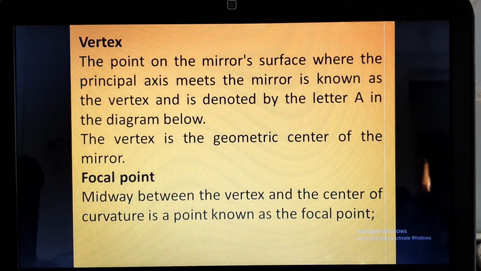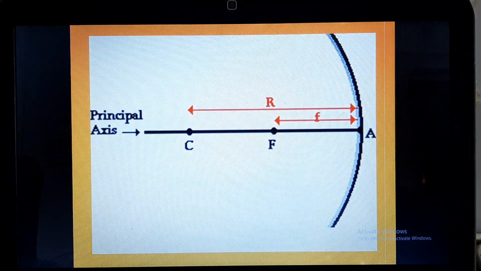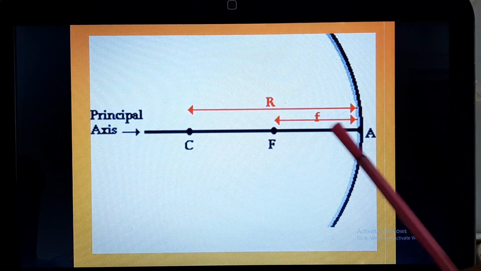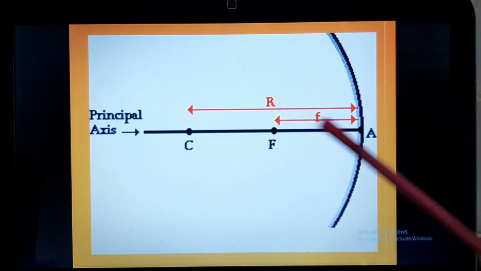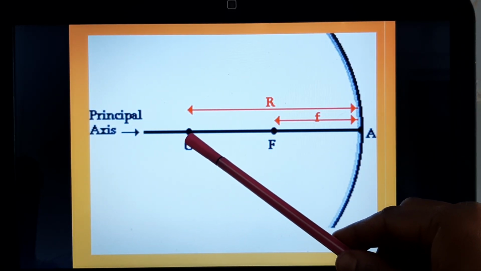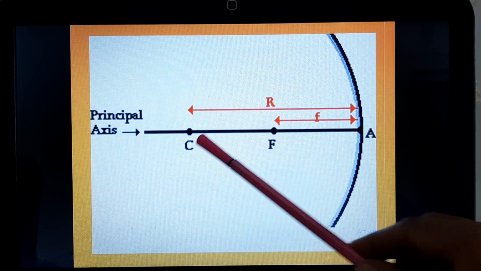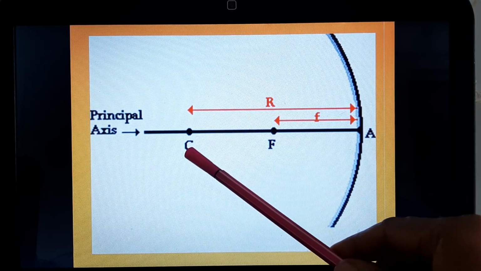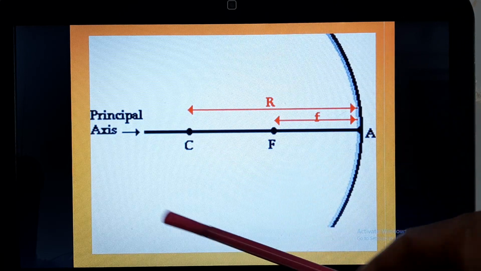Now the focal point. Midway between the vertex and the center of curvature is a point which is known as the focal point. So here you can see this is the principal axis because it is passing through the center of curvature, the center of the sphere, and it is meeting the mirror. Now this is the center of curvature because this is the center of the spherical mirror.